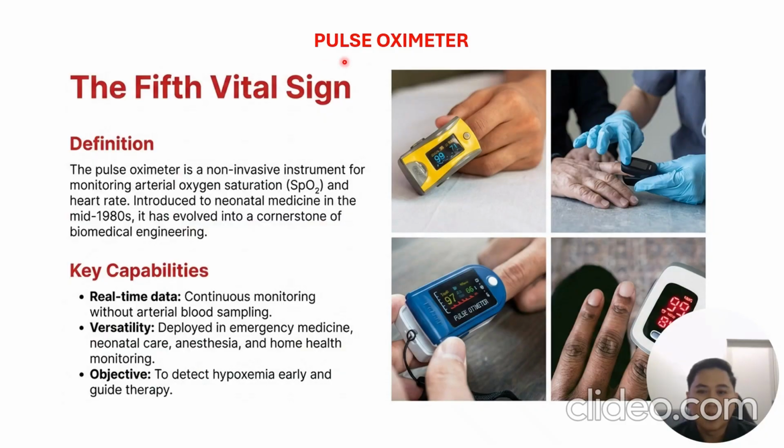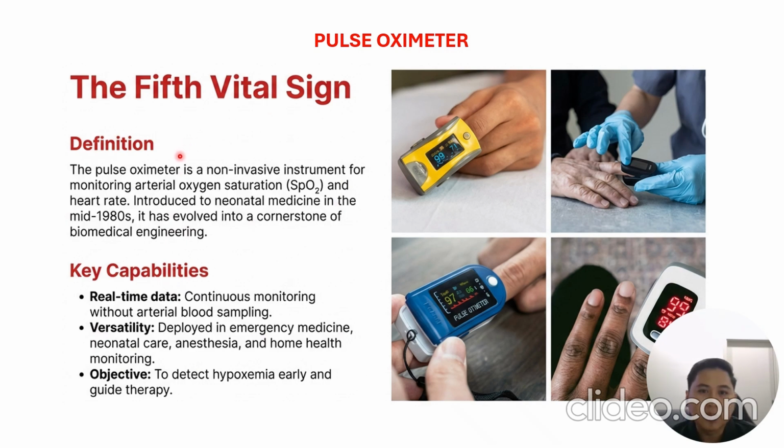Now I will show you the engineering behind this device, the pulse oximeter. Let me share shortly the slide that I already prepared. The pulse oximeter is an instrument very critical to modern healthcare, often regarded as the fifth vital sign alongside temperature, pulse, respiratory rate, and blood pressure.